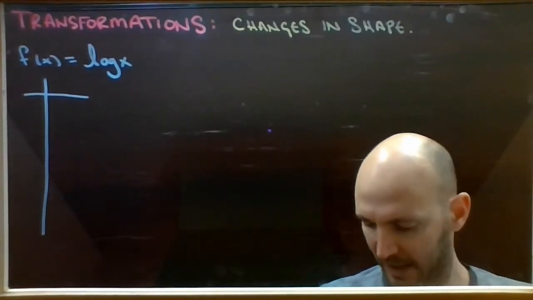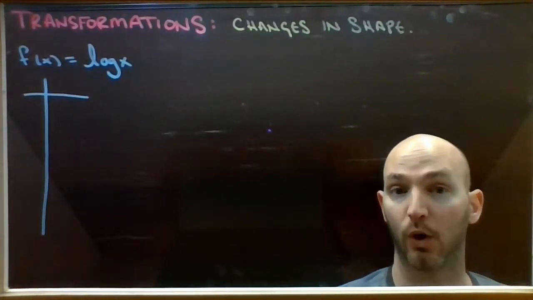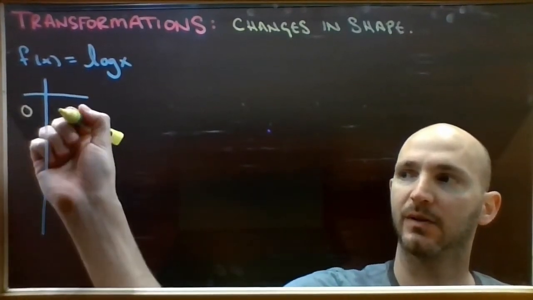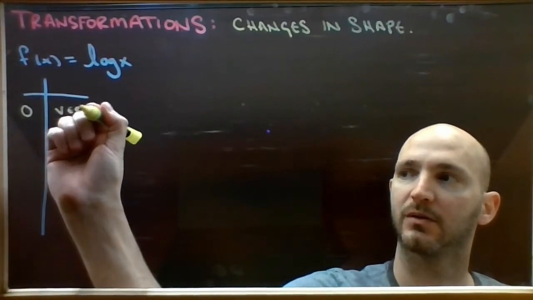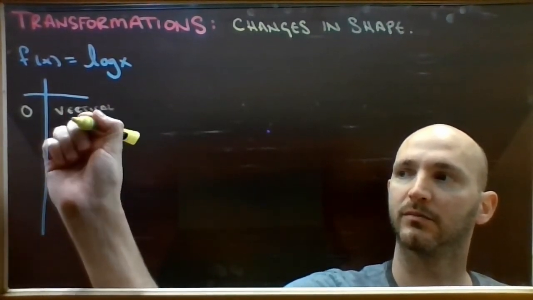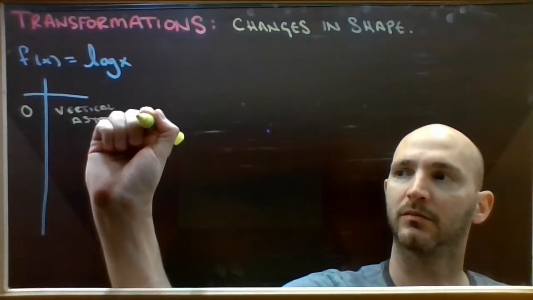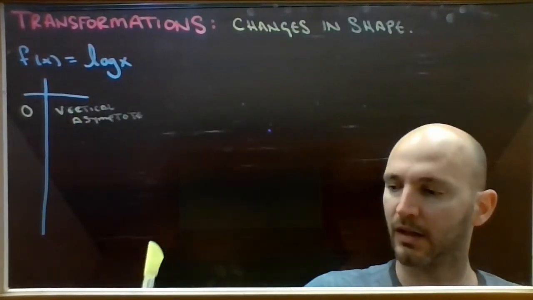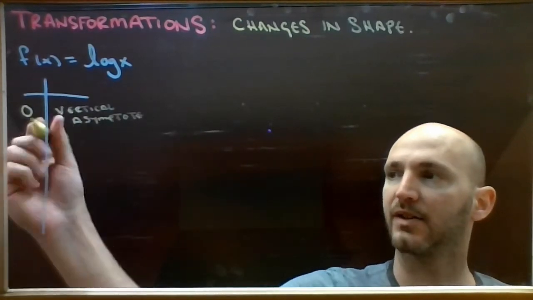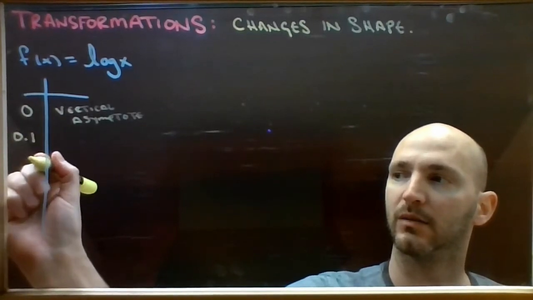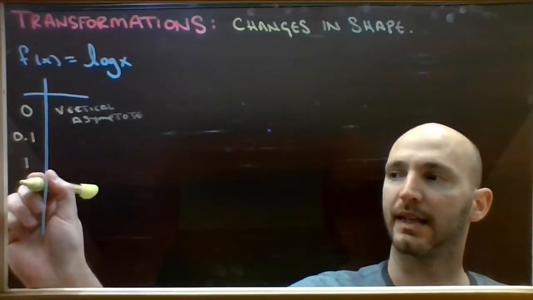So you're going to have to think about those x values that work really well for log. So the first one is at 0, there is a vertical asymptote. And then the x values that are really nice will be 0.1, 1, and then 10.